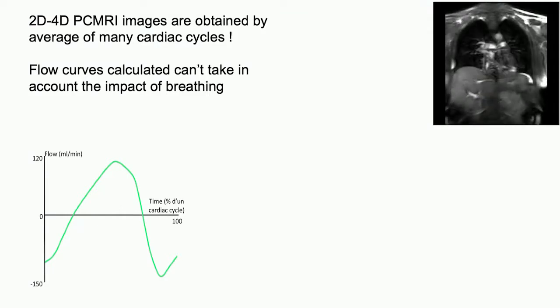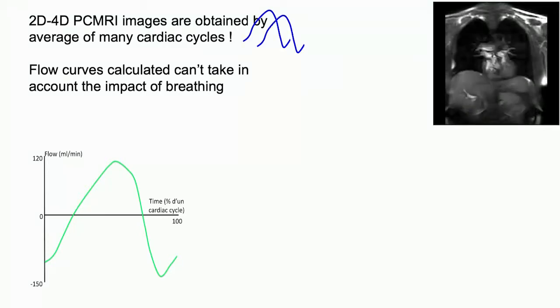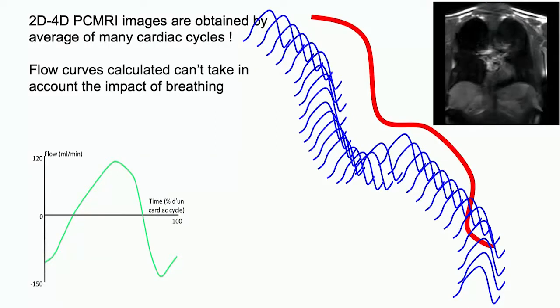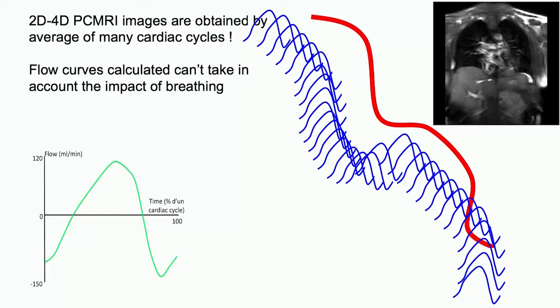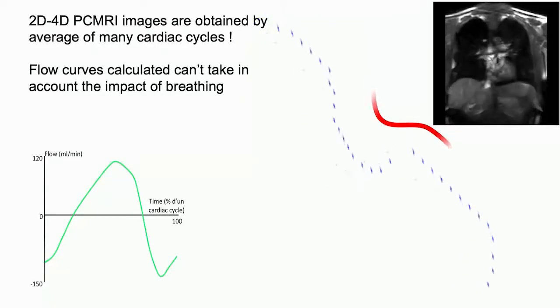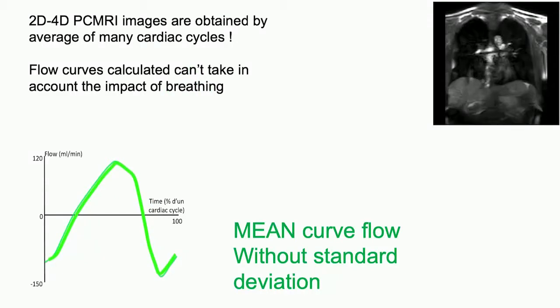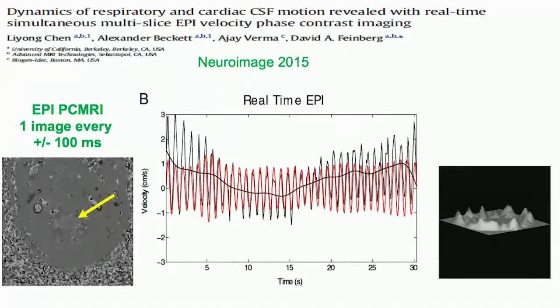It's an amazing technique, but in fact it doesn't produce a true cardiac cycle. It's just a combination, during the acquisition, of many cardiac cycles that produces at the end the curves that we have talked about during these 3 days. And this result is just the mean flow curve, without standard deviation.